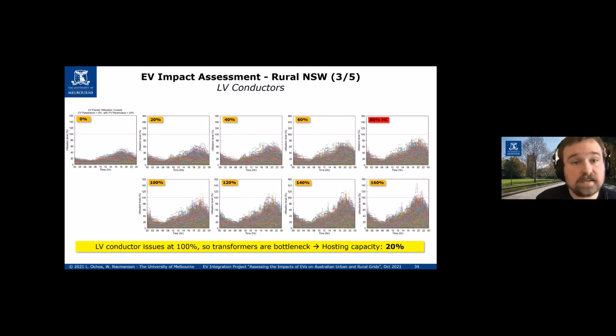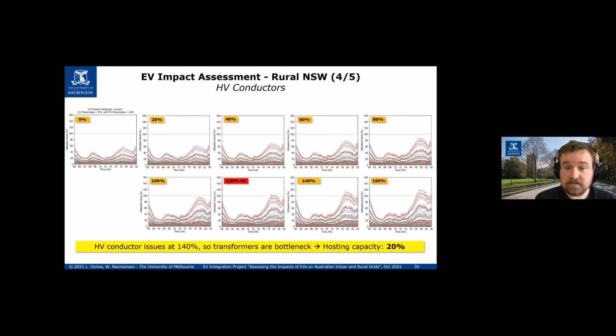Not quite as significant a problem as you saw with the LV distribution transformers, but it's still problematic nevertheless. And again, we're still limited by essentially the lowest factor, those LV distribution transformers overloading. So despite problems for the LV conductors at 100% and beyond, for this feeder the hosting capacity would still be 20%.